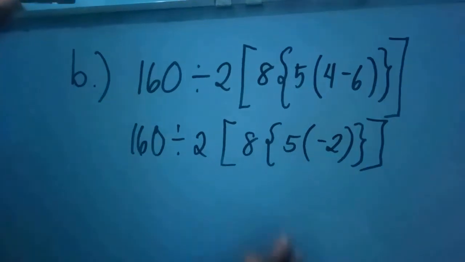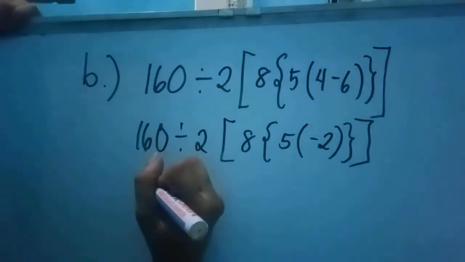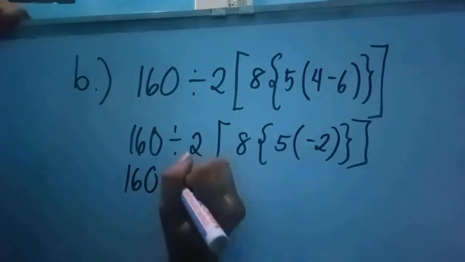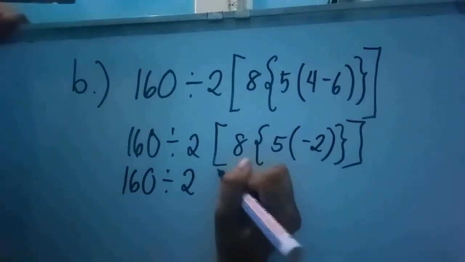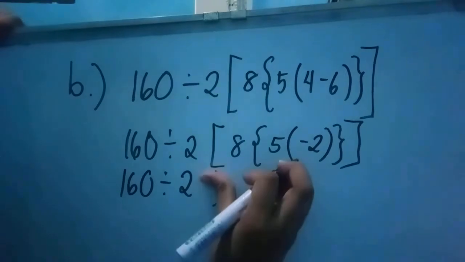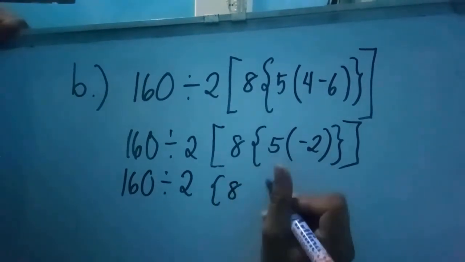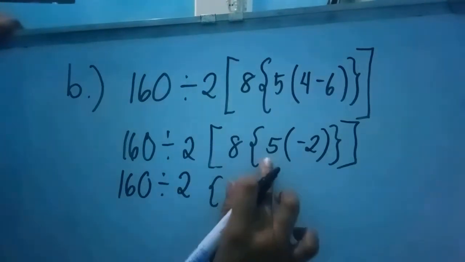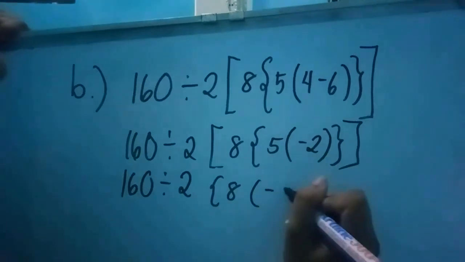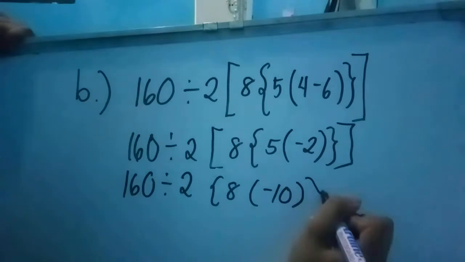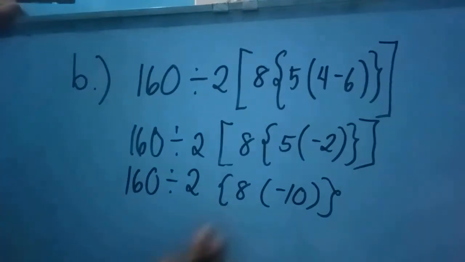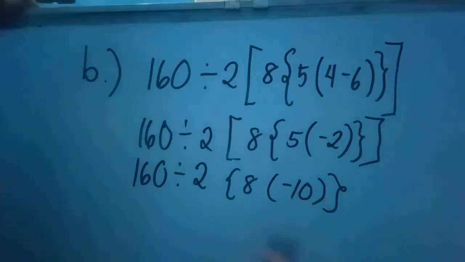Then, let us multiply 5 and negative 2. So, 160 divided by 2. So, 5 times negative 2 is negative 10. Now, let us multiply 8 times negative 10.